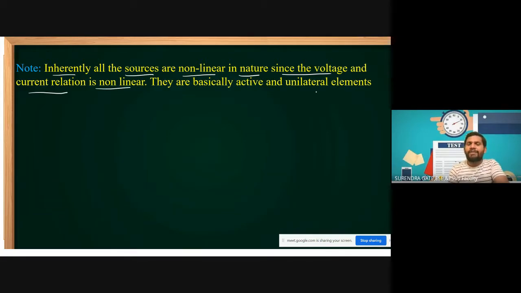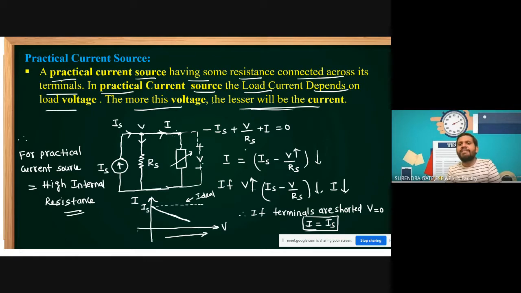For example, in a linear relation, if the voltage increases, current increases; if the voltage decreases, current decreases. If that relation is satisfied, then we can say that it is linear. But here that is not the case. Every source is treated as non-linear. You see in the current source itself, if the voltage is increased, the current is reducing. It is not following a linear relation.